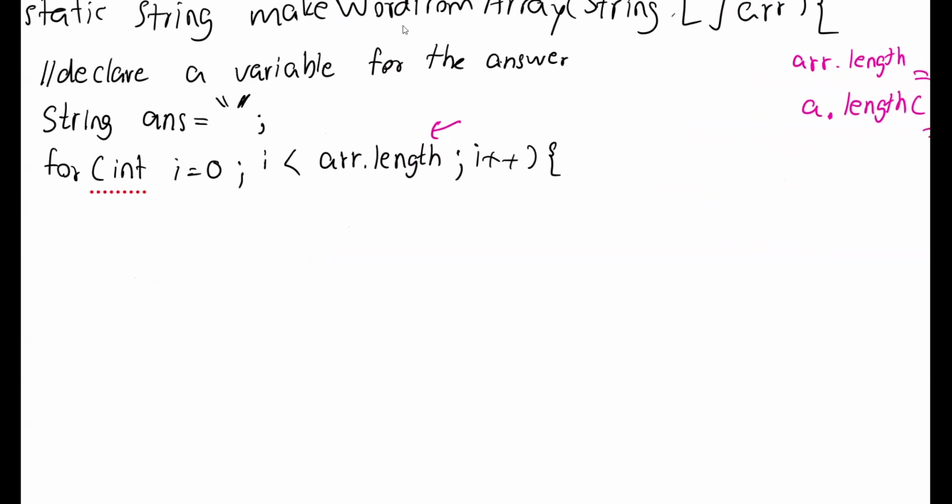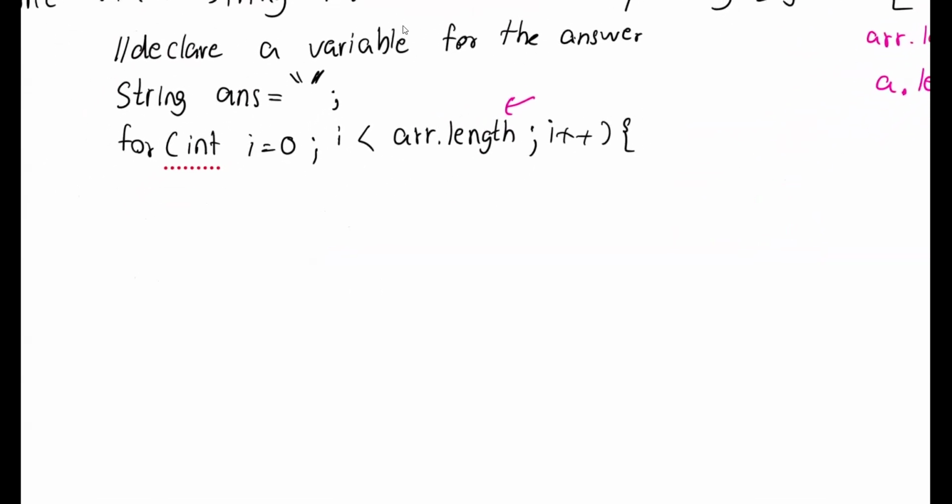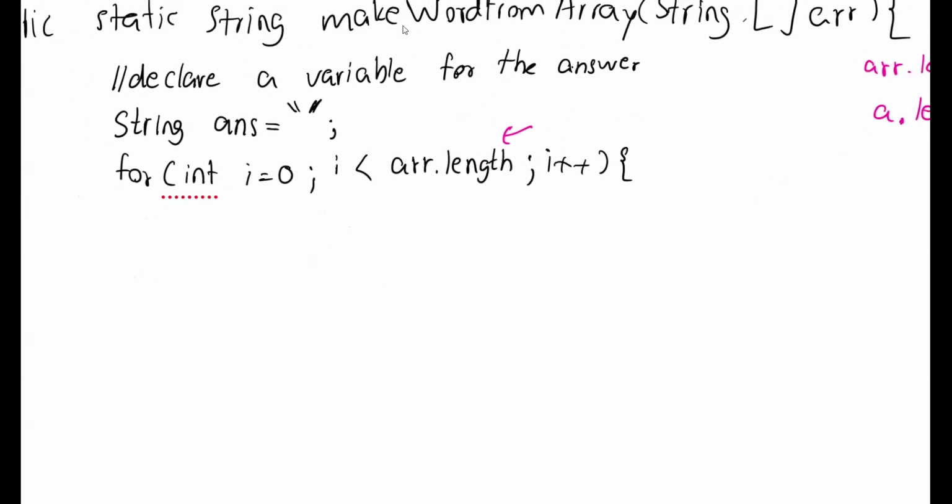Okay, so we're going to iterate. What we are going to do is pick each letter randomly. Before that, we need to know how the random function works.